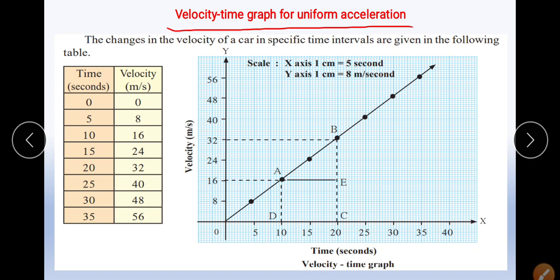If the velocity is changing uniformly with respect to time, it is called uniform acceleration. In the table, we can conclude about uniform acceleration by looking at this increase in the velocity. The velocity is increased by 8 meter per second in every 5 seconds. So it is a uniform acceleration.